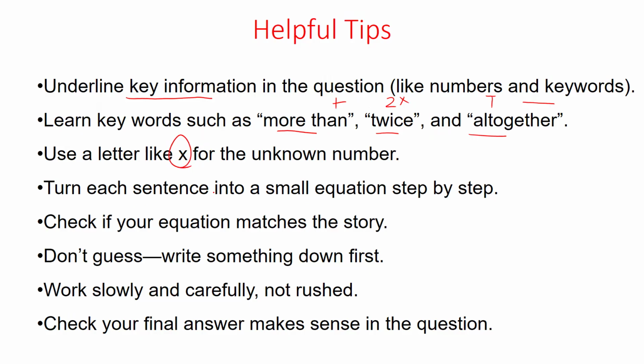Turn each sentence into small equations step by step so that you don't miss any information. Check if your equation matches the story. Don't guess. Write something down first and work slowly and carefully, not rushed. I know time is a pressure, but eventually, with a lot of practice, you will be able to do it without making mistakes. And lastly, check your final answer.